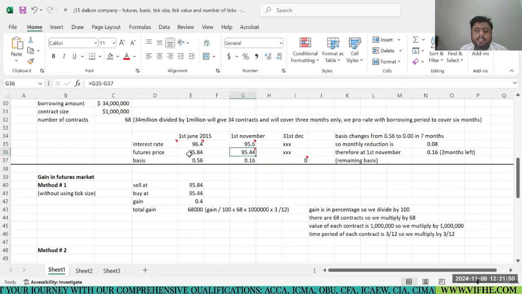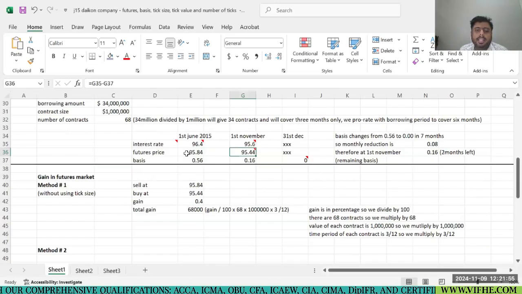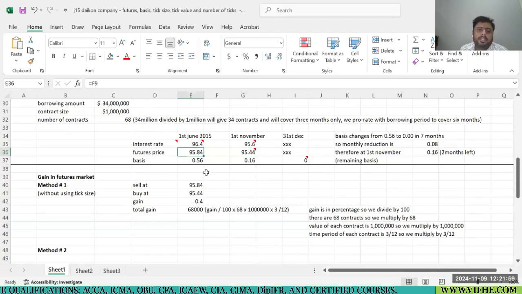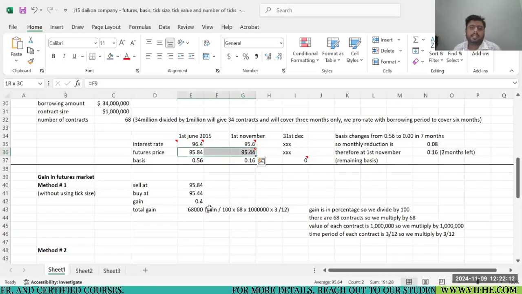So if 95.84 futures price moves to 95.44, sell at 95.84 and buy at 95.44, the difference is how much? 40, correct? 0.40. And if each tick is of 0.01, can you say that the movement is 40 ticks? Correct? We can say the movement is 40 ticks.